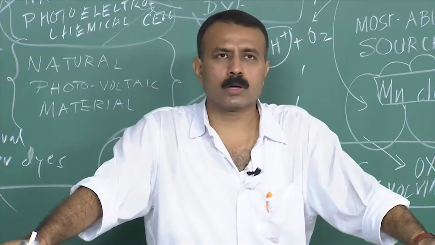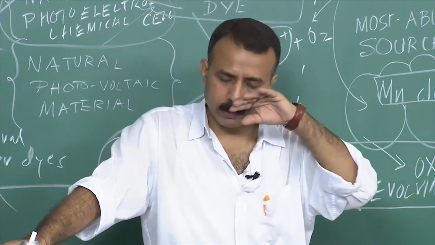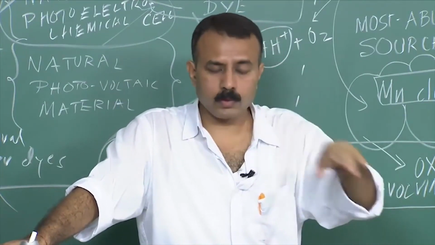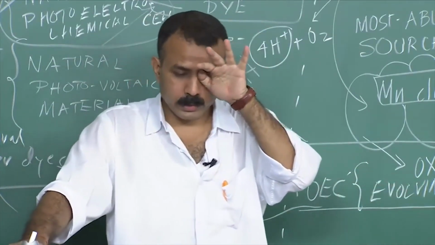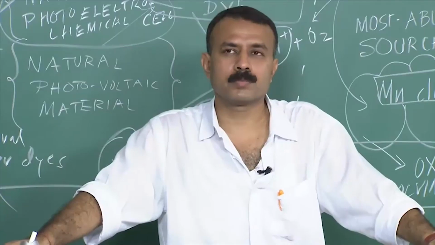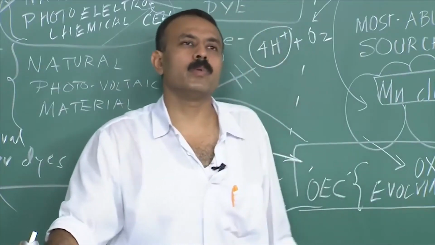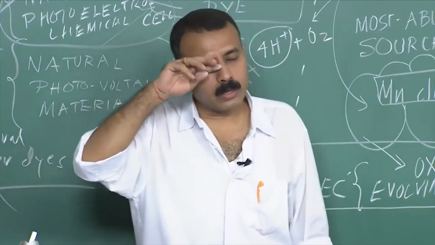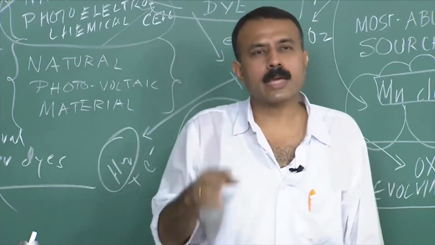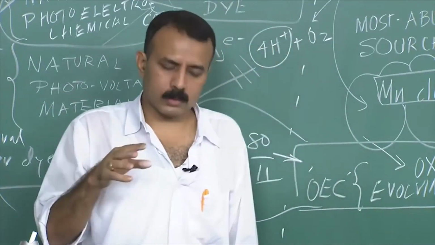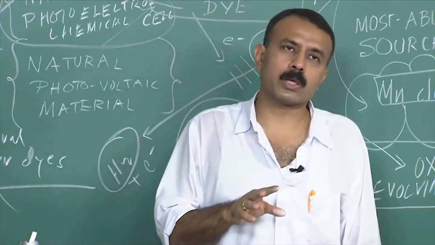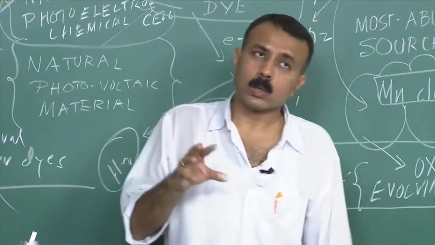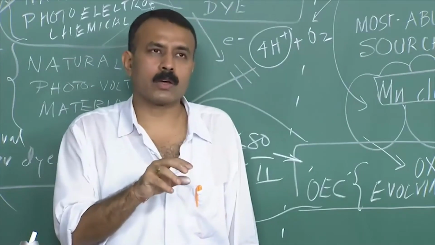As I told you in the beginning of the lecture, we'll be talking about two sets of development. One set is in terms of the hydrogen fuel. The other set is where the chlorophyll dye has been mimicked, or there are synthetic chlorophylls or inorganic molecules like ruthenium which have the ability to behave like chlorophyll.